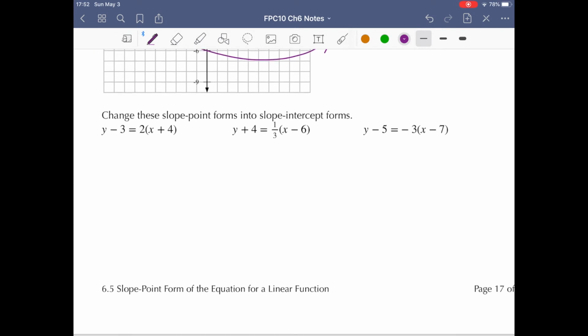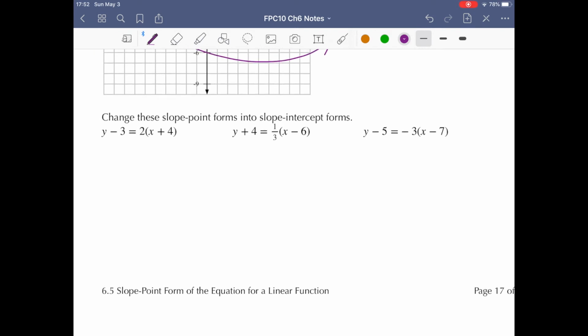All right, now, this is one of the few times where we'll just go one way in math. We're going to take our slope point forms and turn them into slope-intercept forms. Slope-intercept form is y equals mx plus b. There's a reason we don't go backwards. The reason is there's no real easy way to go backwards. It's pretty complicated.